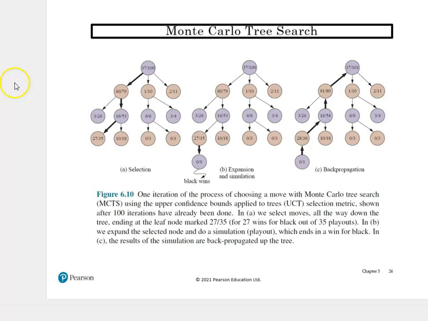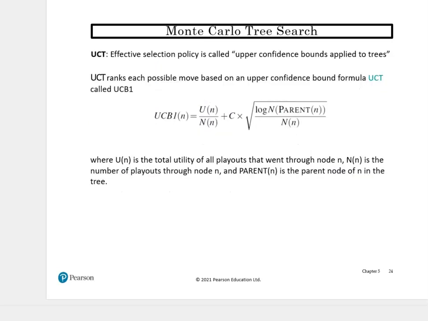Now, one very popular selection policy is called the upper confidence bound applied to trees, or UCT. Essentially, this policy ranks each possible move based on an upper confidence bound formula, which is shown right here.